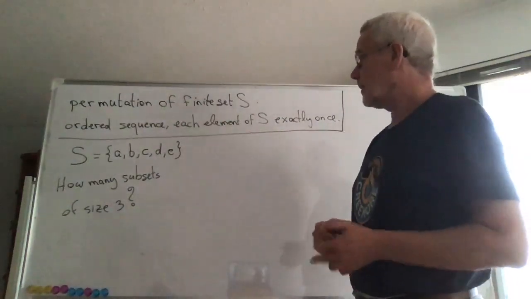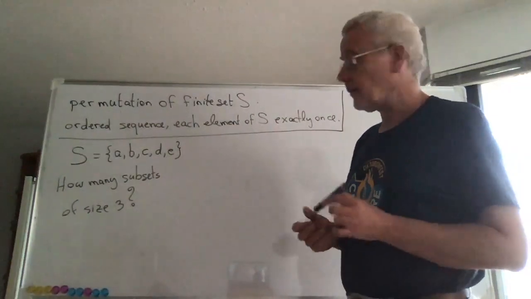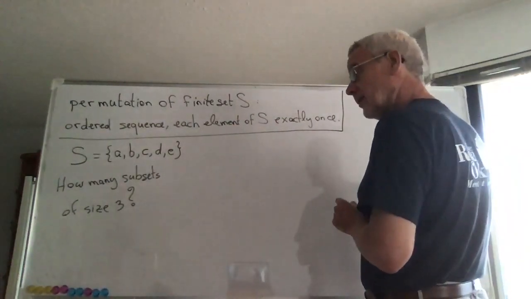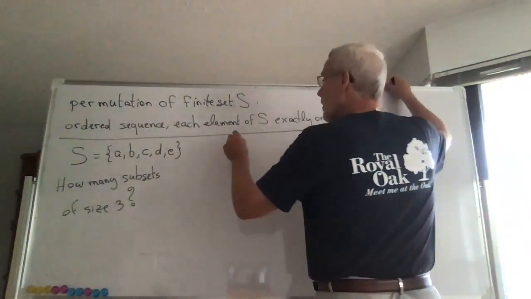Okay, so in the case of 5 elements, we could just write them all down. So let's see. So I'm going to write down all subsets of size 3.